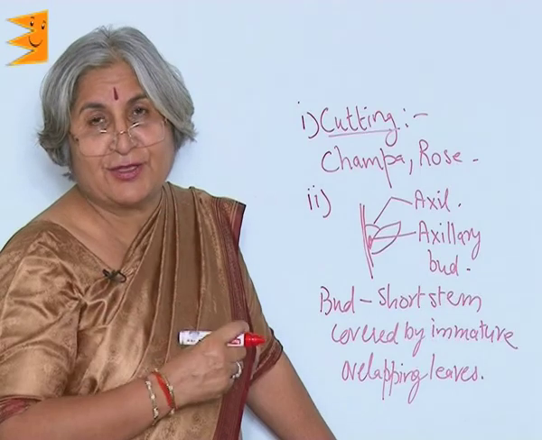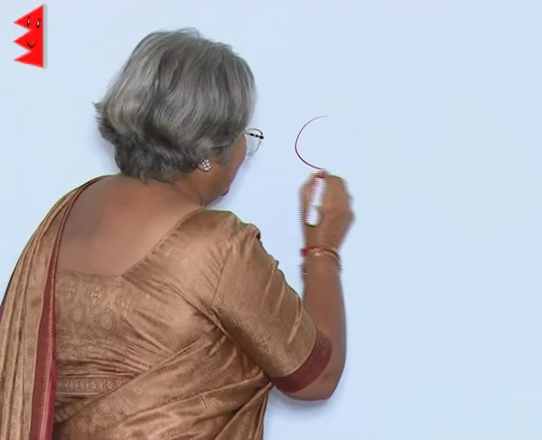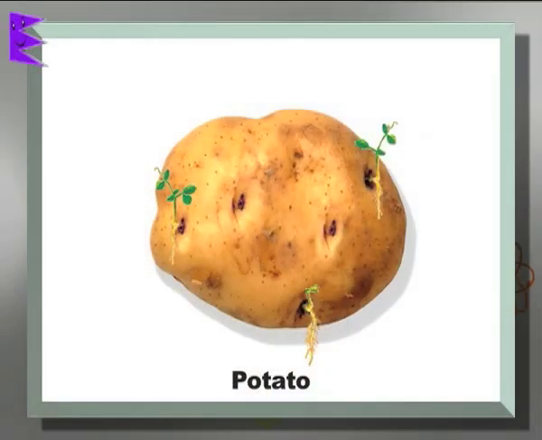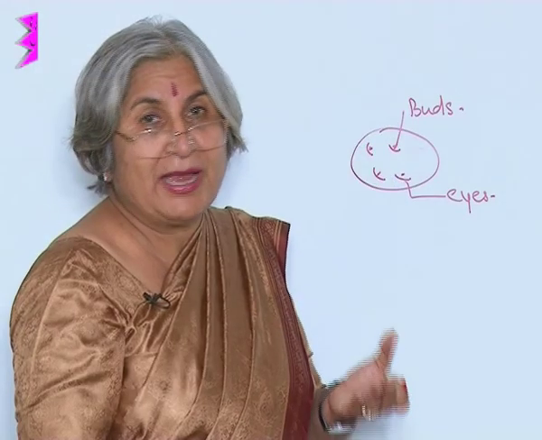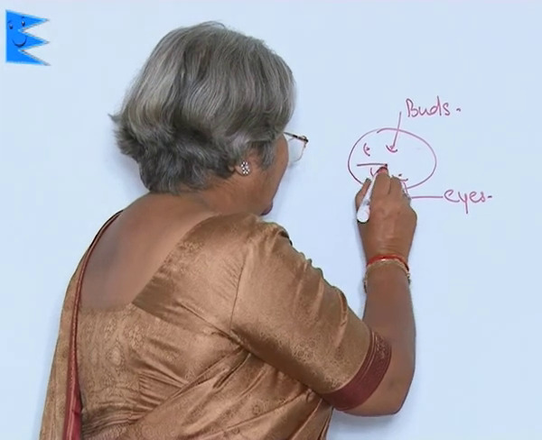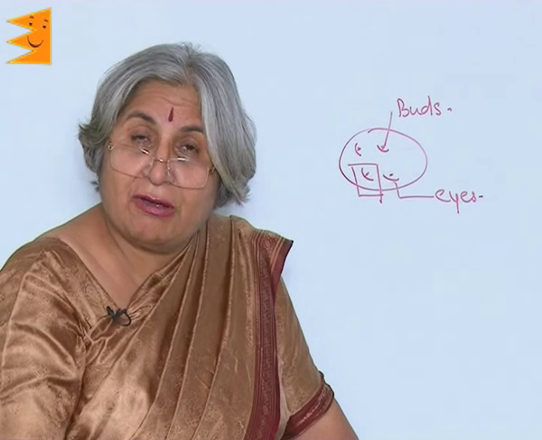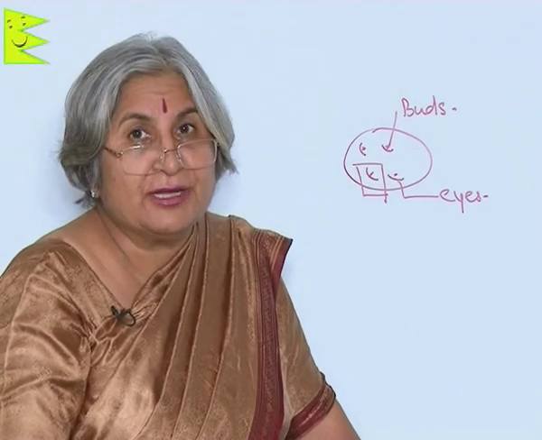Now, in the case of an underground stem like say potato, when you look at a potato, what do you find? That there are structures like this. What are these? Actually, these are the buds. So, you can again do a simple experiment, just cut the potato into small pieces, but ensure that each piece has an eye and now put it in soil.